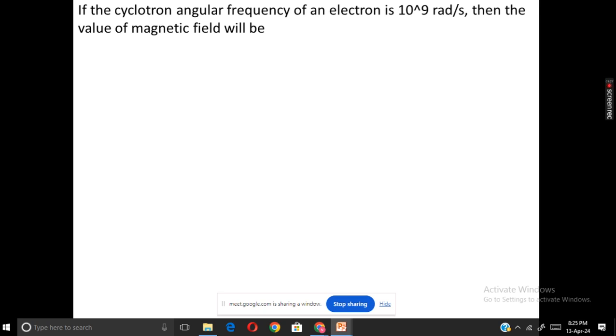If the cyclotron angular frequency of an electron is 10 raised to 9 radian per second, then the value of magnetic field will be? So the cyclotron frequency is given, which is omega is equal to QB by M, where omega is equal to 10 raised to 9 radians per second. M is 9.11 into 10 raised to minus 31, and B we have to calculate.